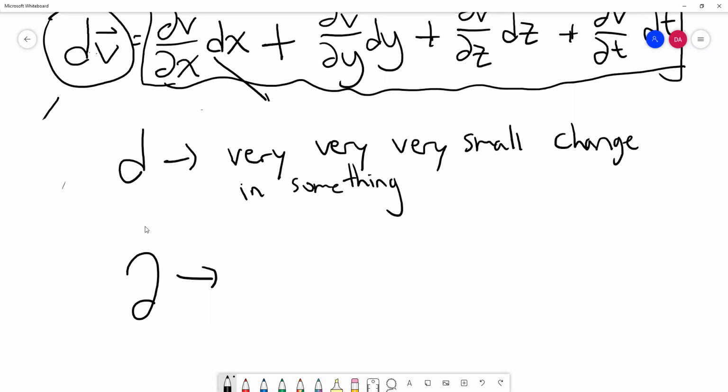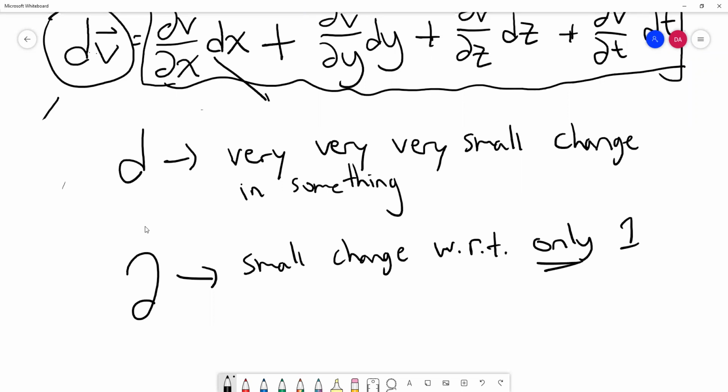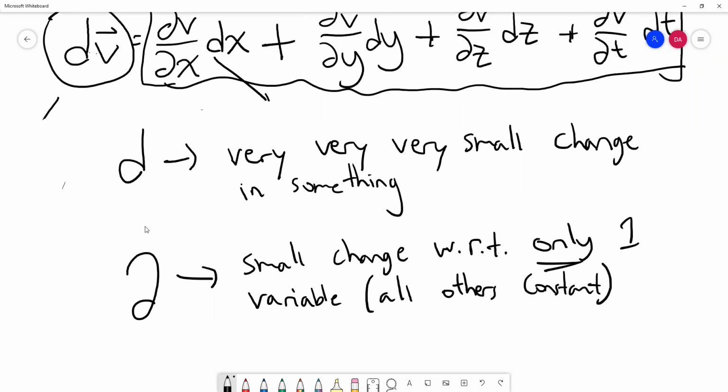However, it is only a small change with respect to one variable, and all others are constant. These differences are only aesthetic differences, okay? This is just a definition that we're giving to these two symbols.